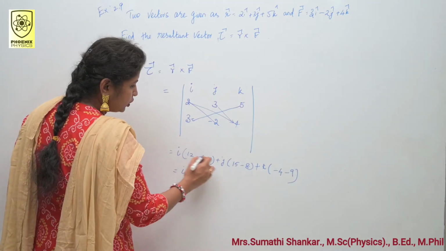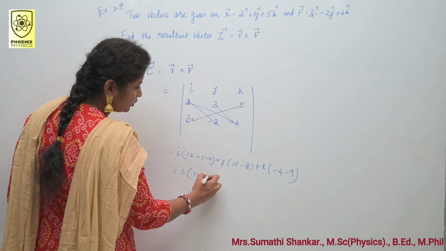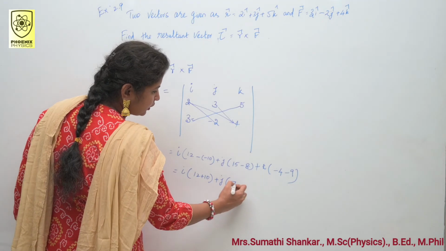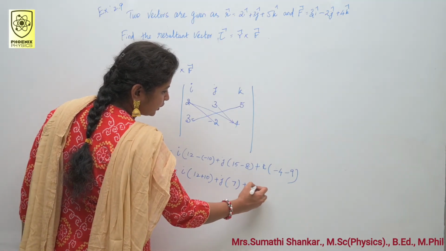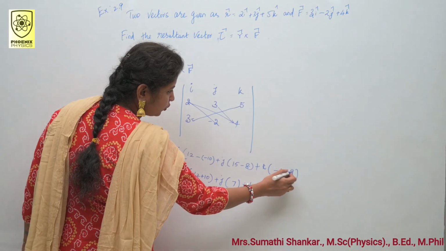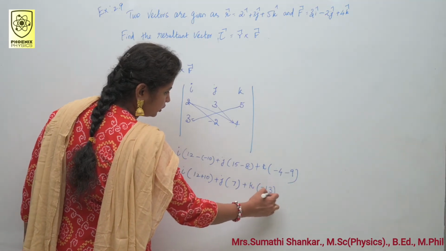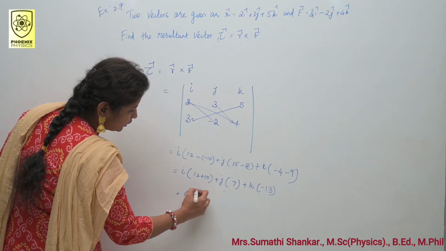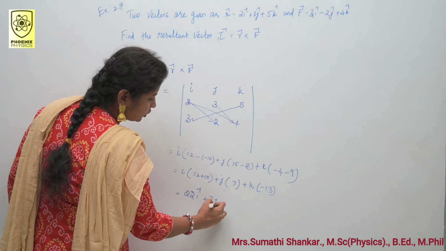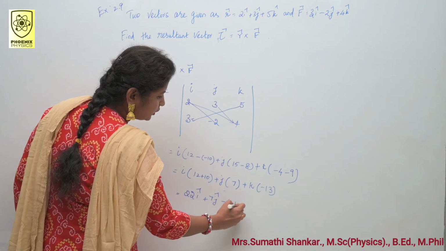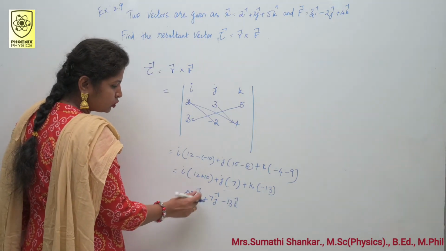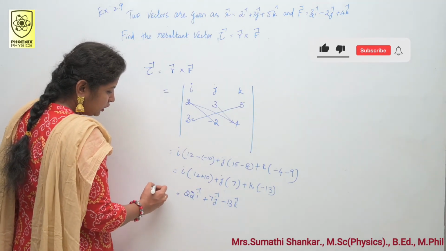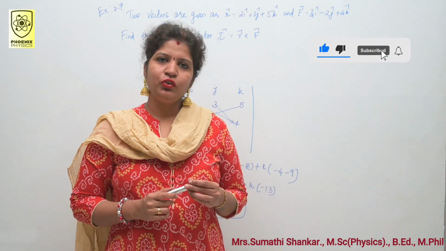So i vector 12 plus 10, plus j vector 15 minus 8, that is 7, plus k vector, that is minus 4 minus 9, that is minus 13. So you can write 22 i vector plus 7 j vector minus 13 k vector. This is our answer, 22 i vector plus 7 j vector minus 13 k. This is our tau.